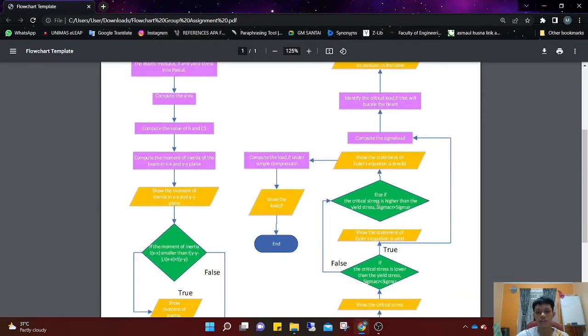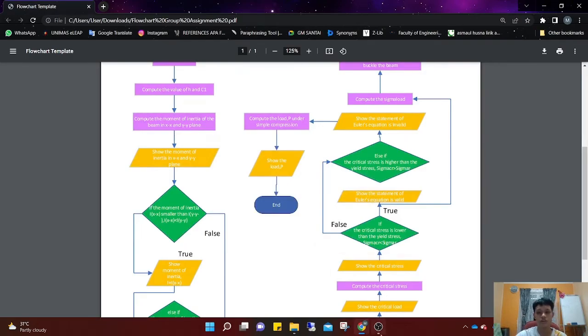Else if the critical stress is higher than the yield stress, show the statement that Euler's equation is invalid, and compute the load under simple compression, show the load, and end. That's all from me. Thank you.